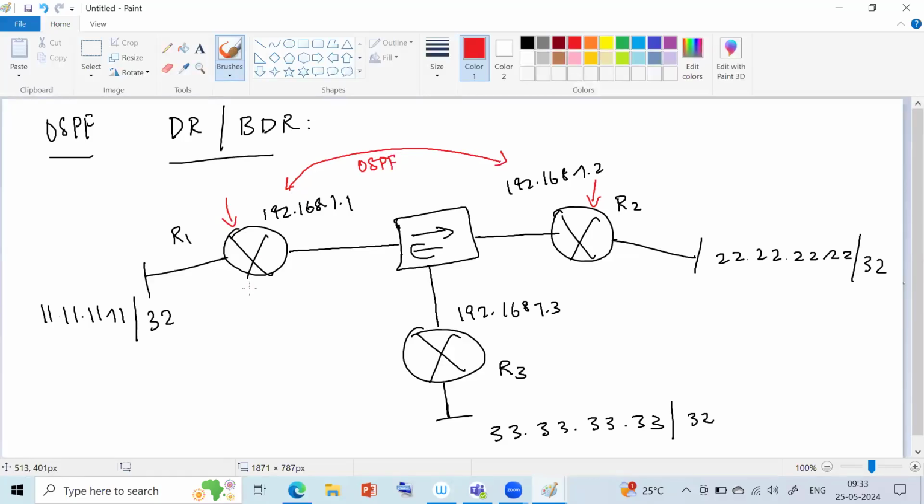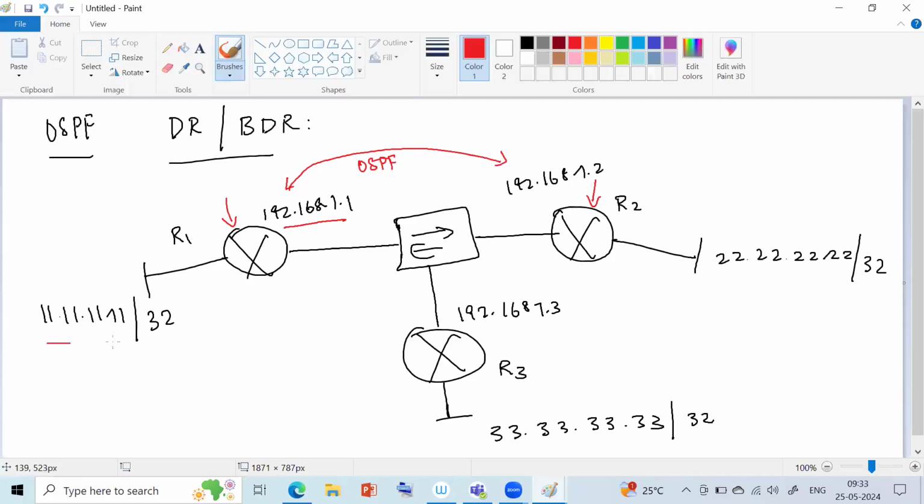I'll go to the configuration terminal here. I will say configure terminal, router OSPF 1, and I'll advertise this interface saying network 192.168.1.1.